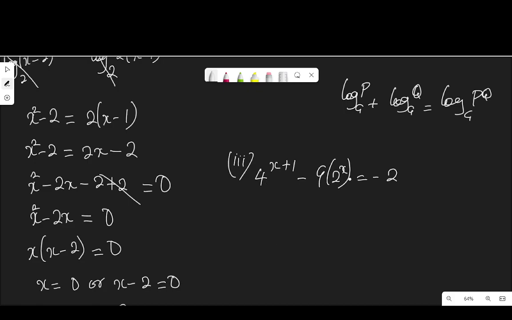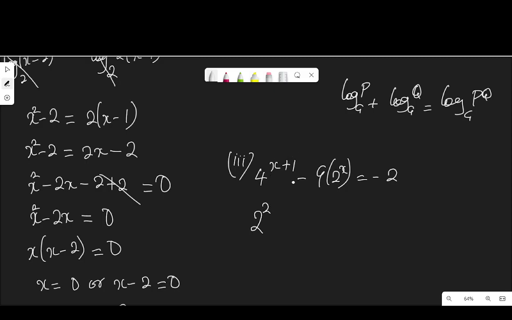So first, since I have 2 to the power of x here, I would like to make this first term arrive at 2 to the power of x, so I can substitute 2 to the power of x with something. And this 4 can be written as 2 to the power of 2.